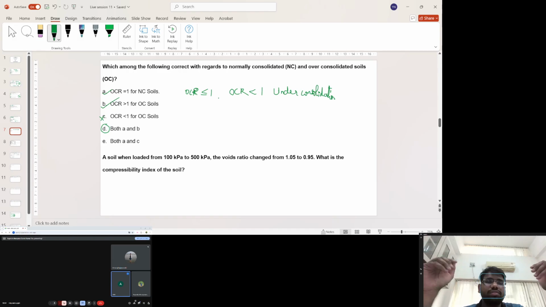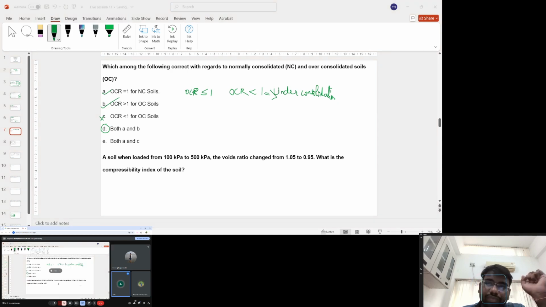That is the only assumption we take. Only in very rare cases do we get the stresses equal. So that is where this confusion arises. But as far as fundamental definitions are considered, OCR less than 1 is termed as under consolidated soil.